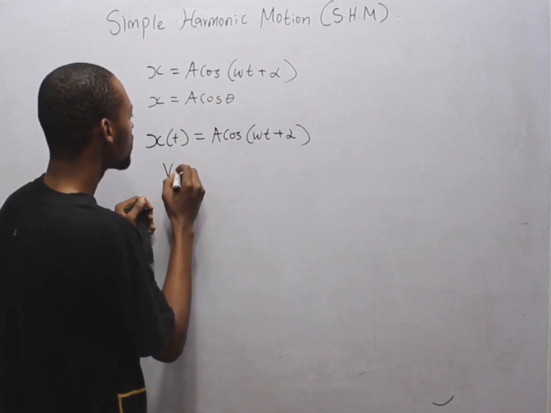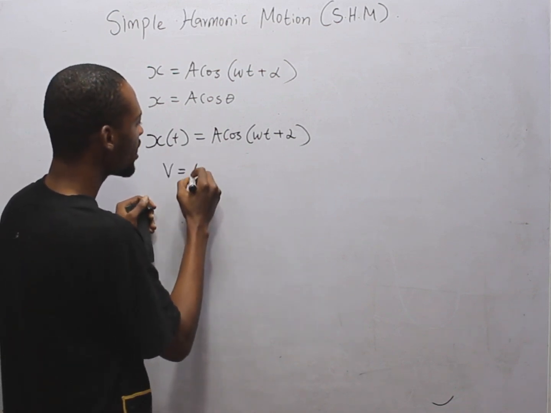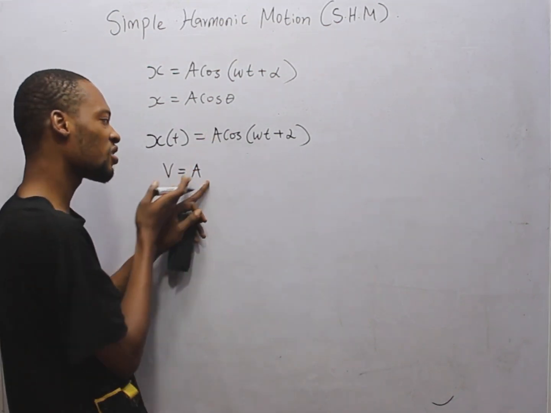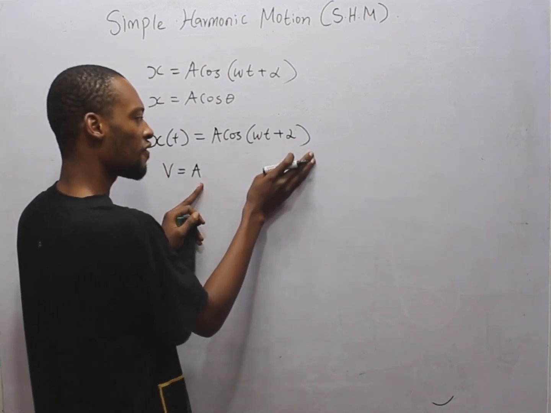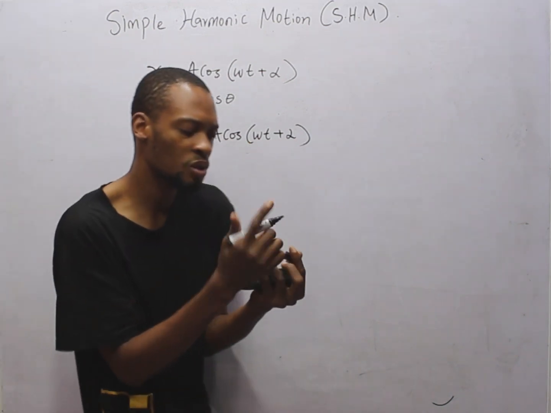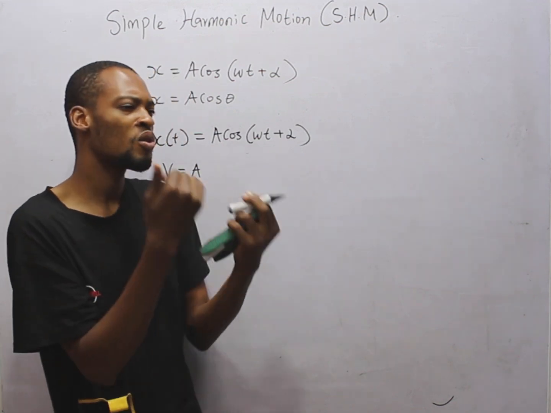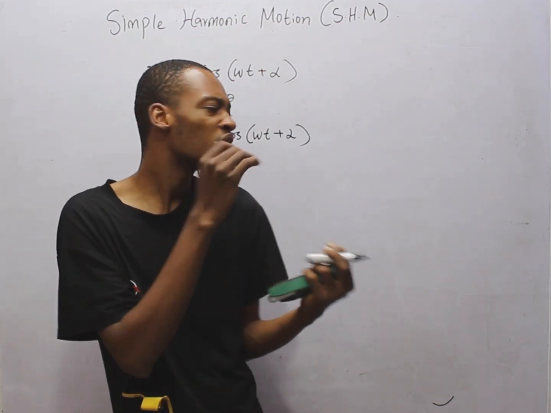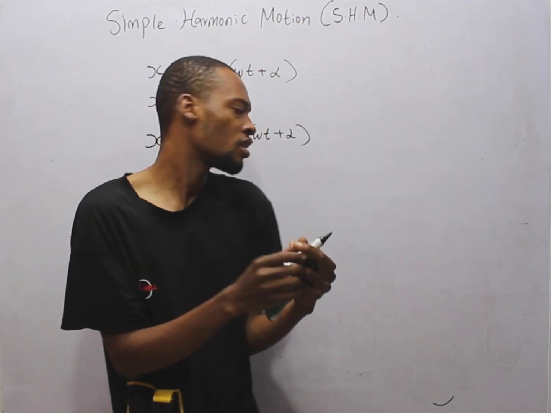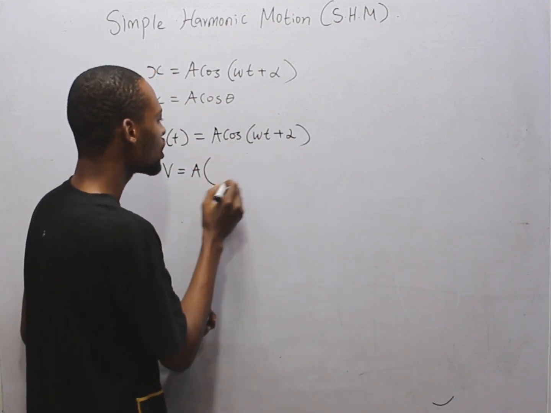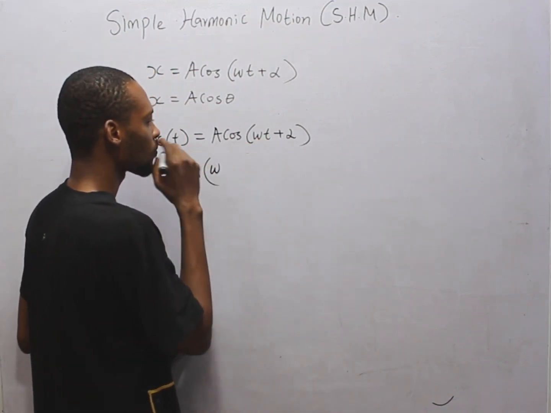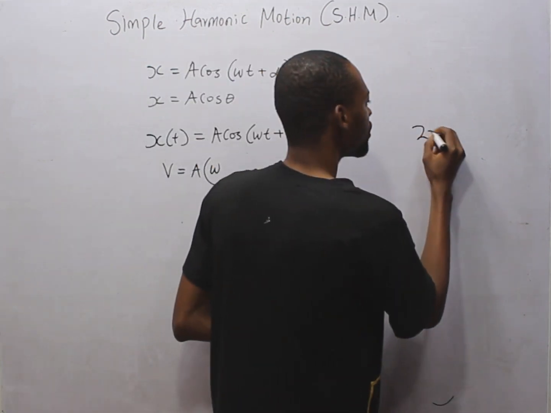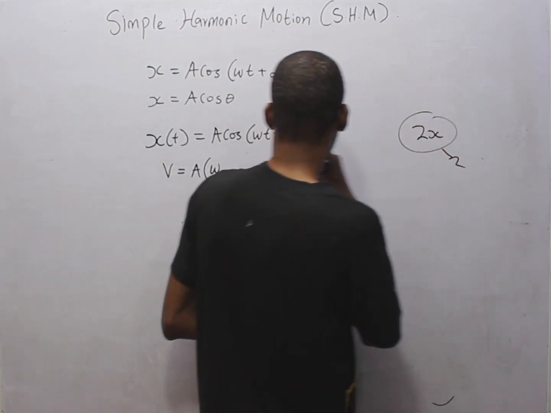So velocity equals A, which remains because it's a constant. When you differentiate cos(Wt + alpha), this is how it is done. Remember, go through my differentiation video, you will understand all those things. So A is out. When you differentiate Wt, you get W, just like when you differentiate 2S, you get 2.